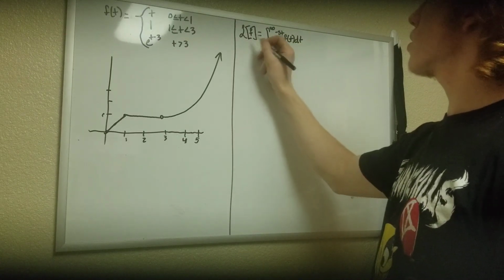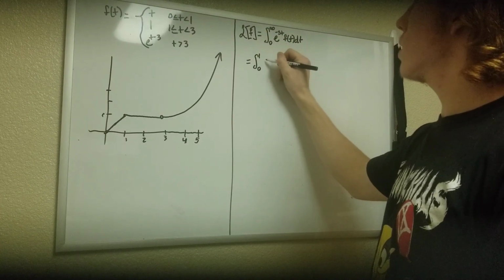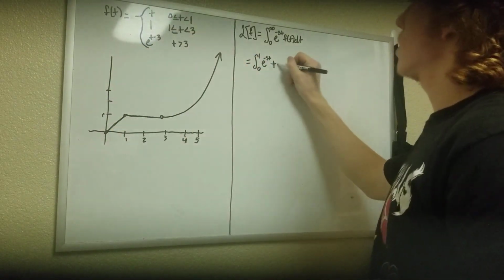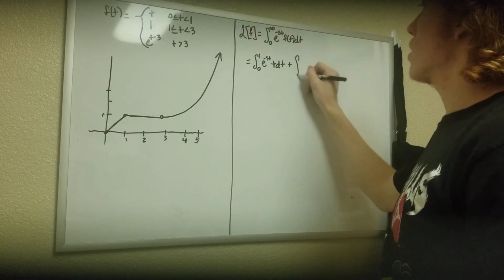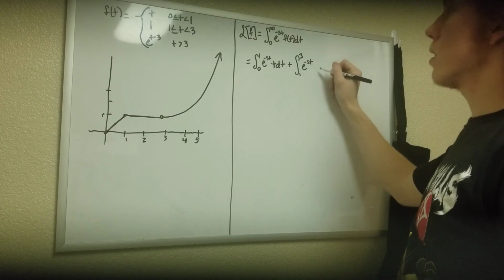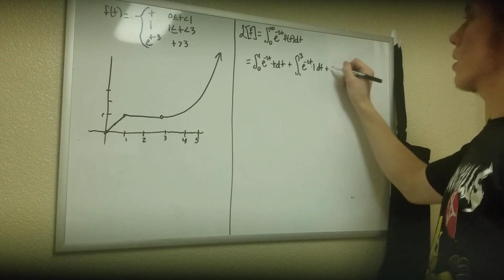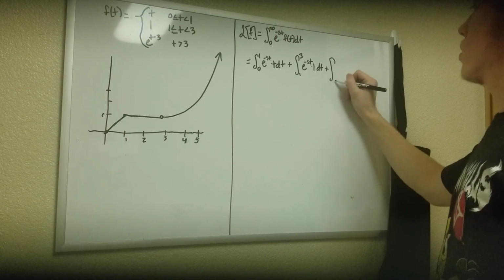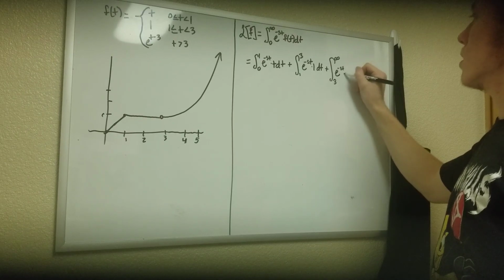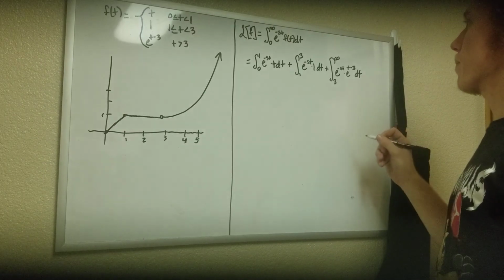So the Laplace of f would equal the integral from 0 to 1 of e to the negative st times t dt, plus the integral from 1 to 3 of e to the negative st times 1 dt, plus the integral from 3 to infinity of e to the negative st times e to the t minus 3 dt.